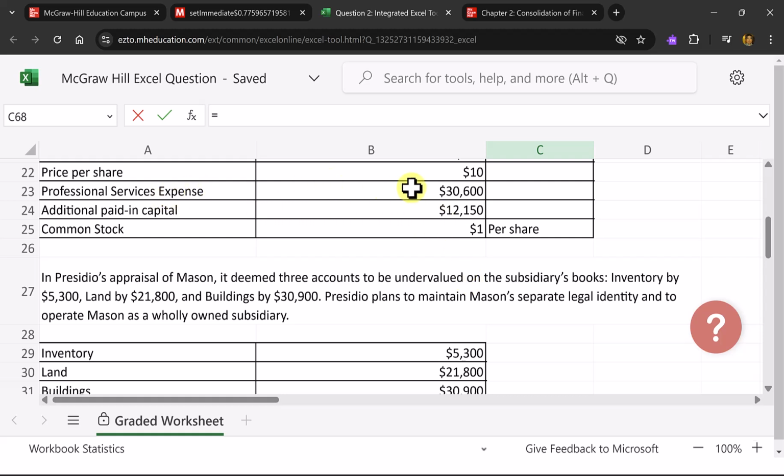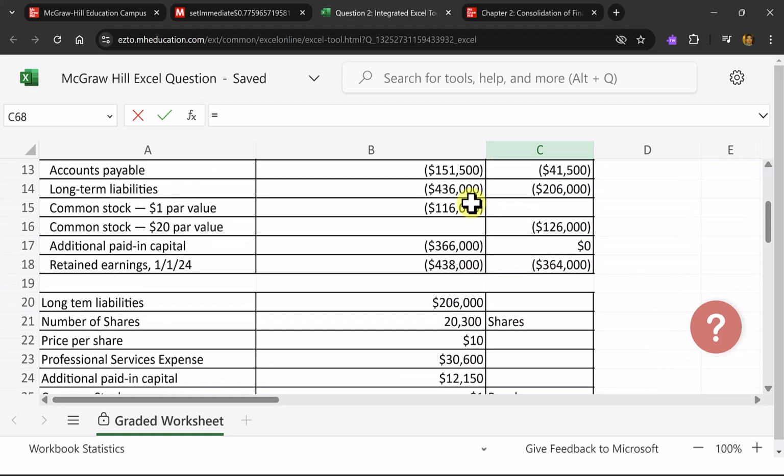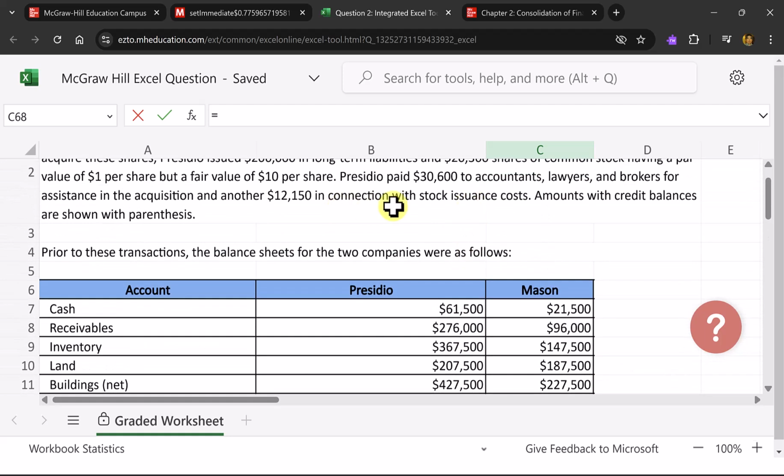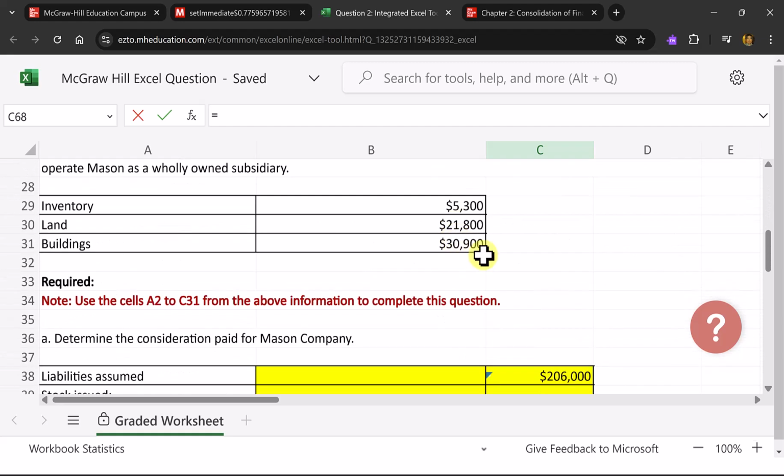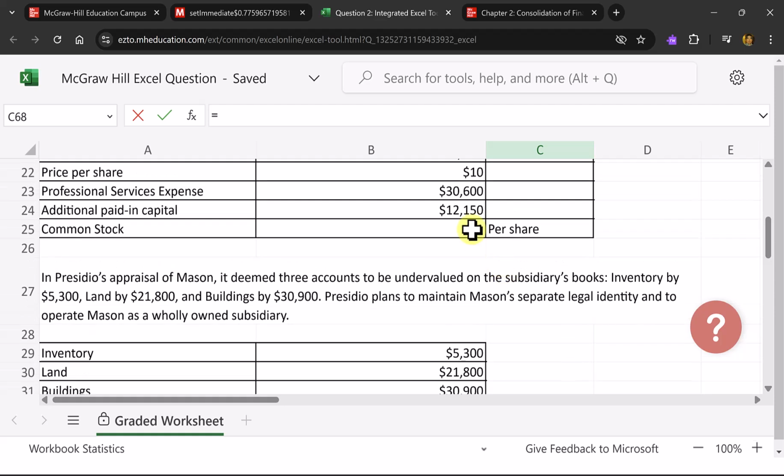This one right here. In the narrative, that would be this amount here, and not this amount here for the stock issuance. Okay, so 30,600.